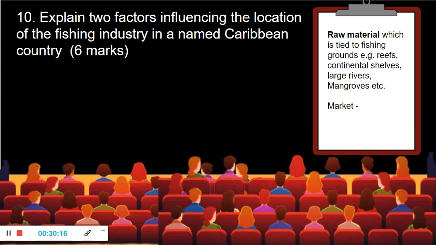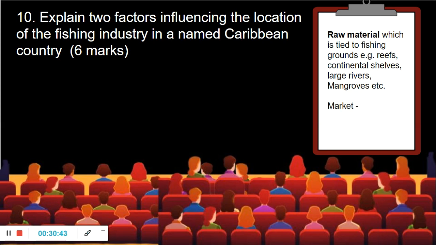So Belize, for example, is able to have a well-developed fishing industry because it has an extensive area of continental shelf compared to other Caribbean territories that have only small areas of continental shelf.